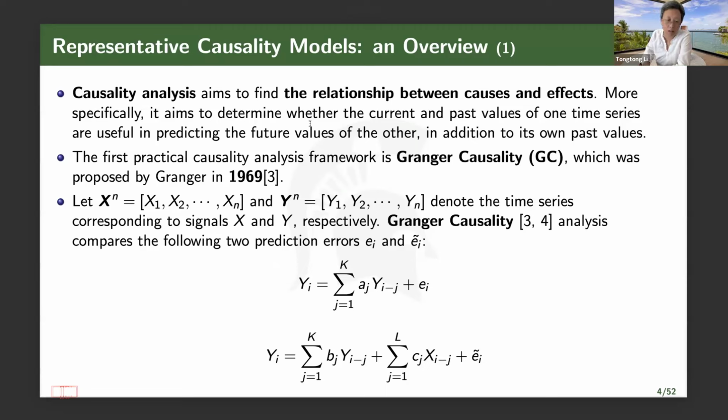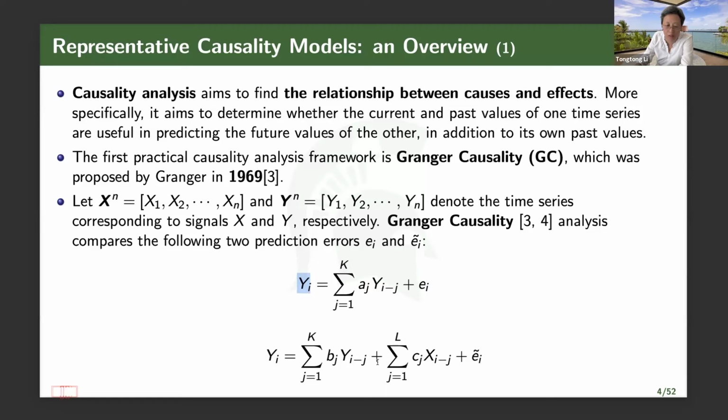So the first practical causality model is Granger causality, which is very popular and widely used. I'm sorry, I have to go a little bit into the math. Here is the error in predicting y_i with its own previous values.